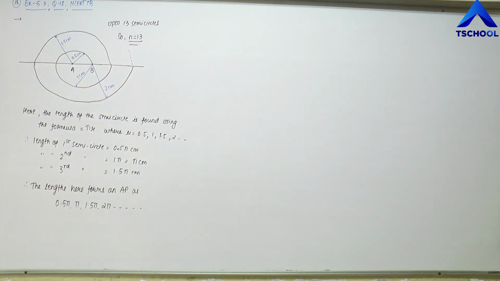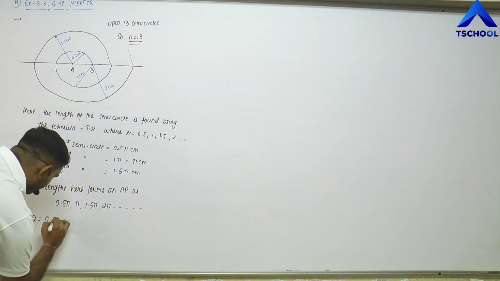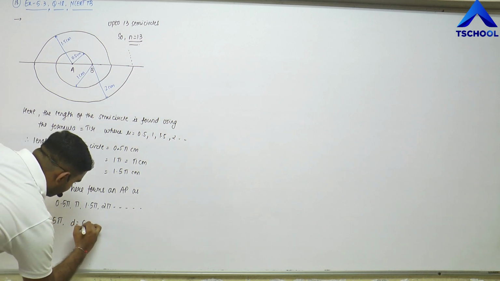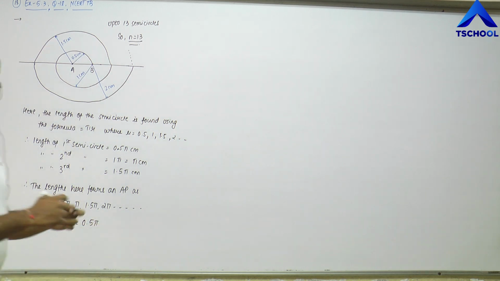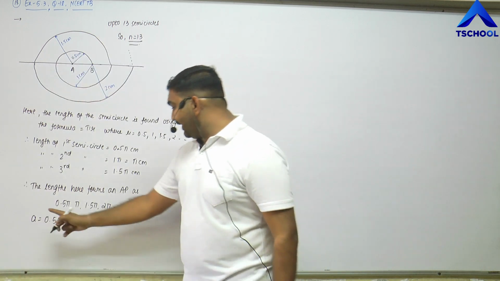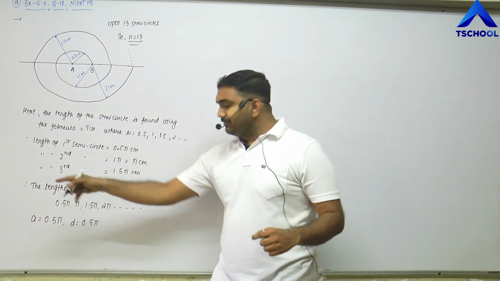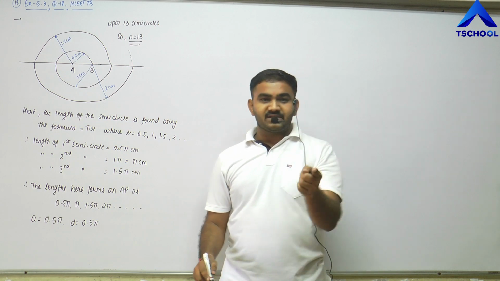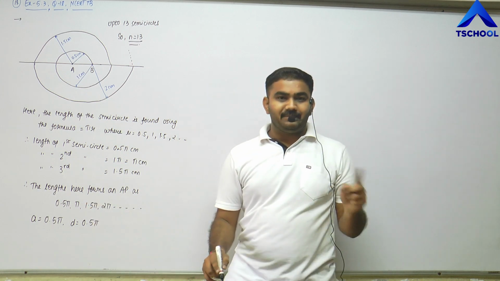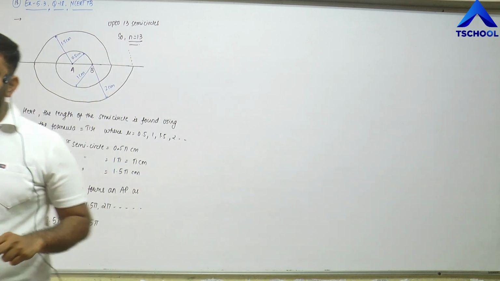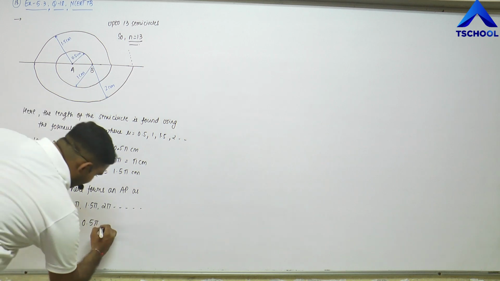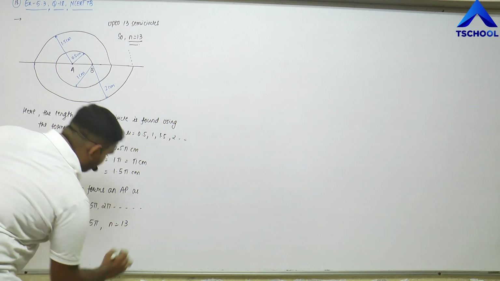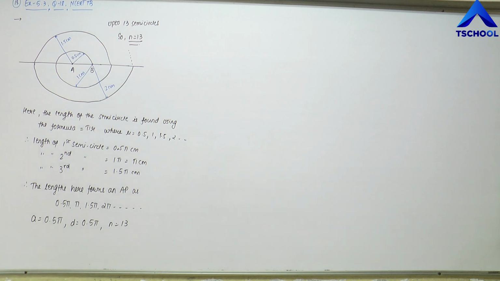So this is the AP where a is equal to 0.5 pi. The difference is again 0.5 pi, not 0.5, friends, because the lengths are in AP. So pi minus 0.5 pi gives 0.5 pi, and 1.5 pi minus pi is again 0.5 pi. So don't forget to write d as 0.5 pi, and n equals 13 is already given, that is up to 13 semicircles.